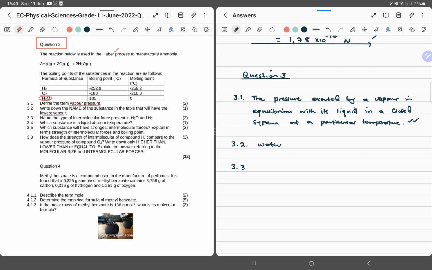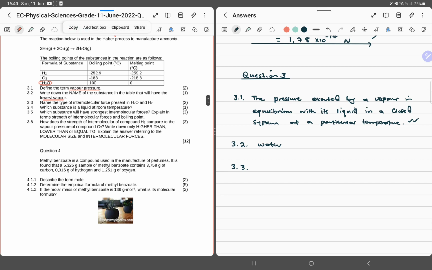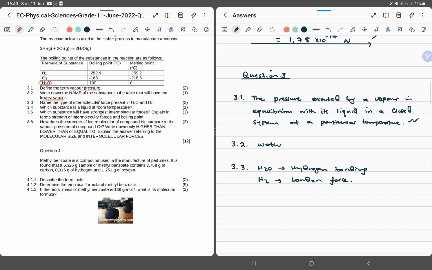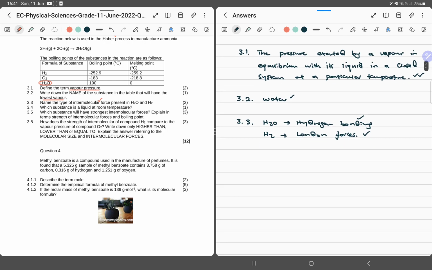So 3.3 says name the type of intermolecular force present in H2O. So we know that this is the hydrogen bond. Hydrogen bonding. In H2, this is London forces. Or let's just say London forces, whatever. So we score our marks here. Nice and easy. Easy stuff.